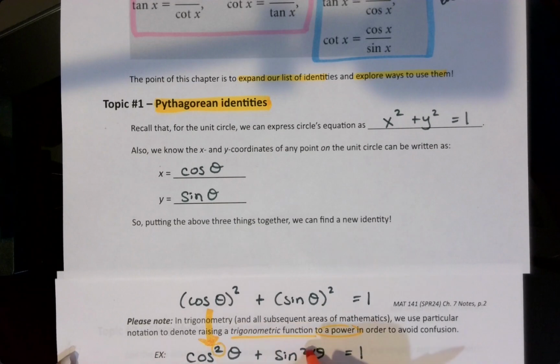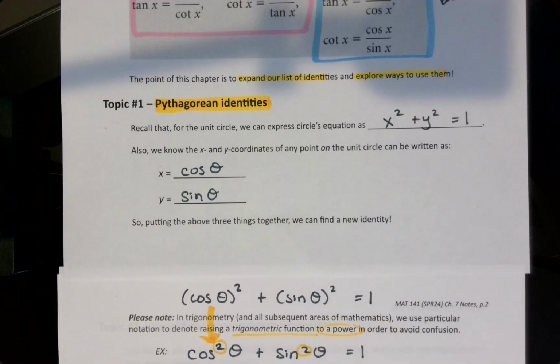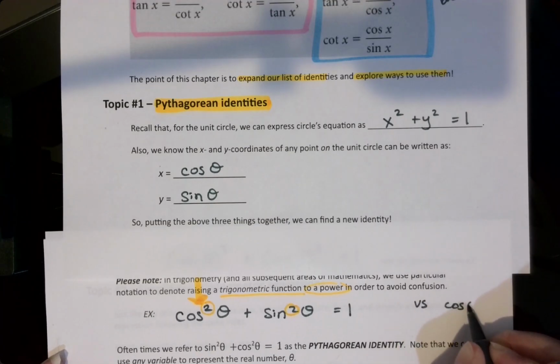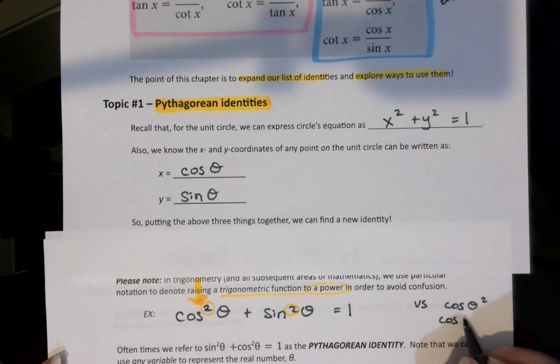Versus if we write cosine of theta squared, that's not the same. That's cosine of theta times theta, not the entirety of cosine theta squared. So we want the square to be on the cosine function to indicate the implied grouping parentheses here, the entire function cosine of theta is what is squared.